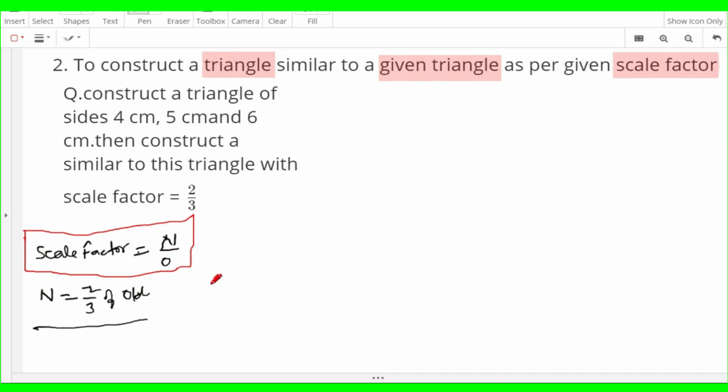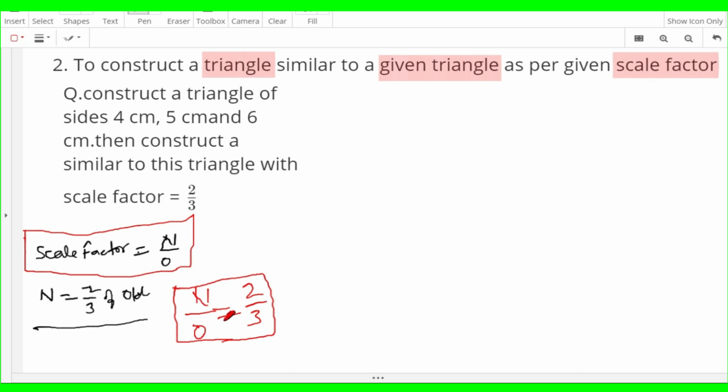In any type of similar triangle, this is the most important part.